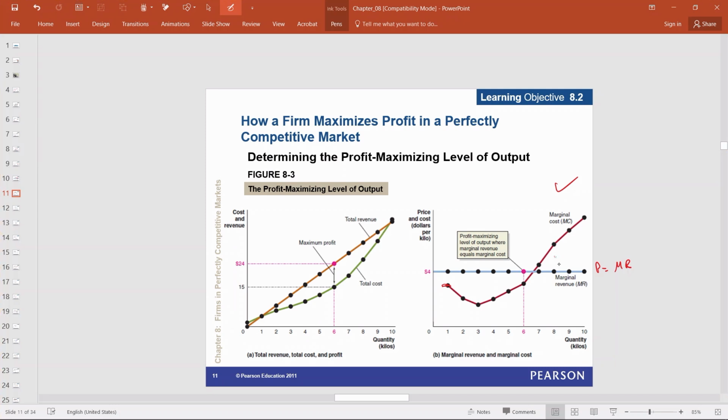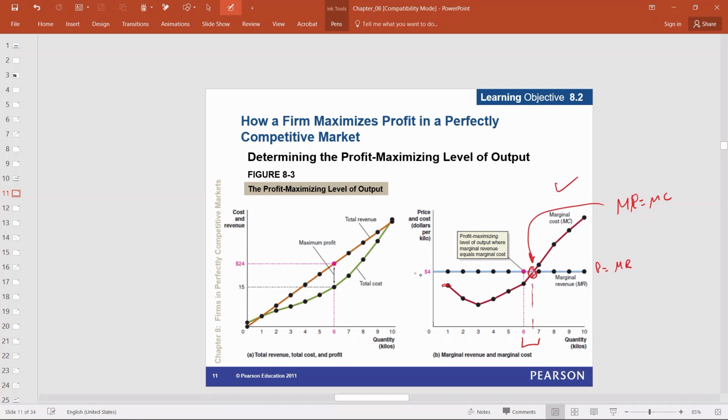But now we want to know the level of output that can maximize the profits. The rule to maximize profit is marginal revenue equals marginal cost, where they intersect with each other, which is here. As we said, it's between 6 and 7. So at this level, the profit is maximized.